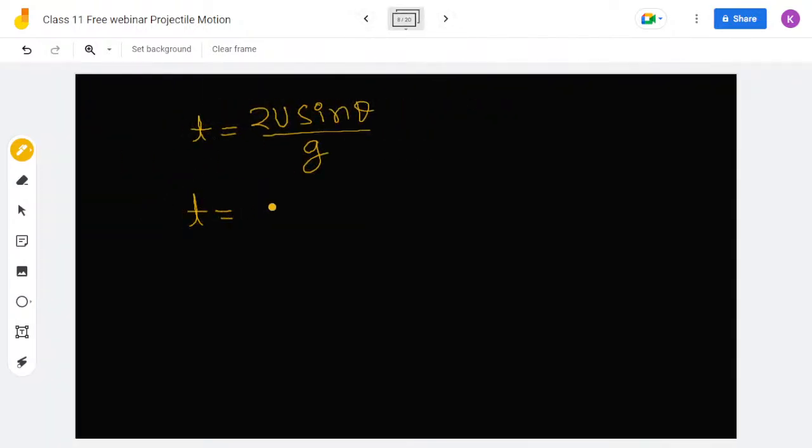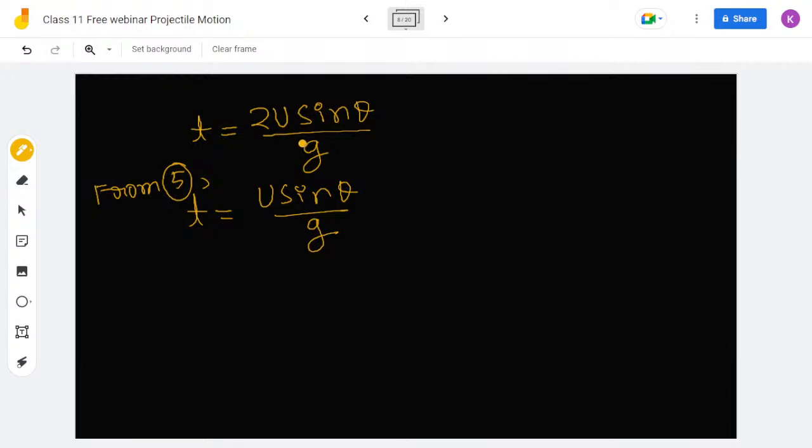We get this from equation number 5. So we can see that the time taken to reach the maximum height is actually half of the time taken for the whole projectile motion.